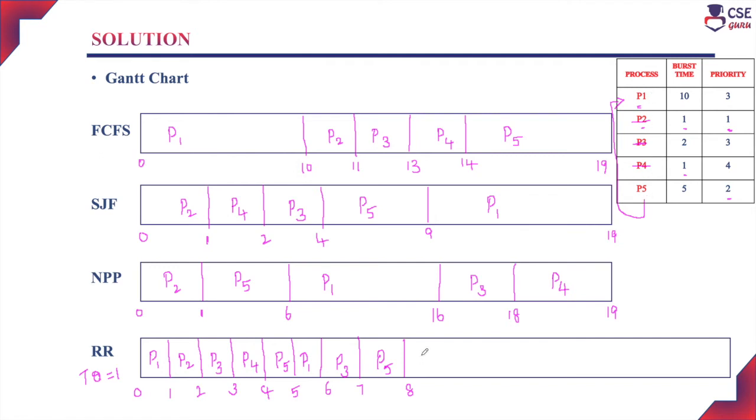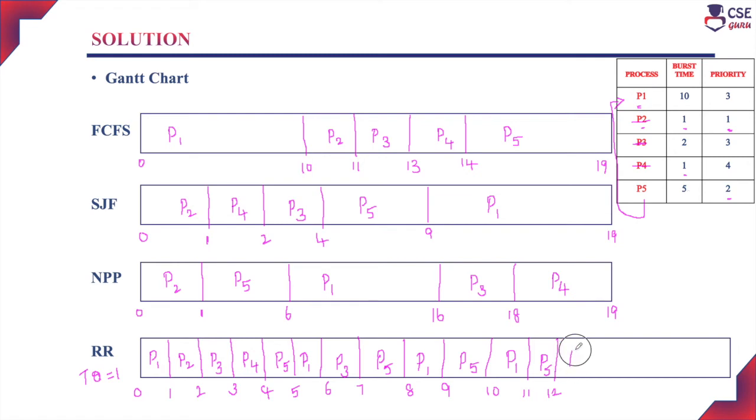Next, process P1 will execute with the CPU for 1 millisecond and process P5 for 1 millisecond. Again, process P1 for 1 millisecond and process P5 for 1 millisecond. Now process P1 has completed 4 milliseconds of execution time, and it requires 10 milliseconds in total. Process P5 has completed 1, 2, 3, 4 and requires only 1 more millisecond to complete its execution.